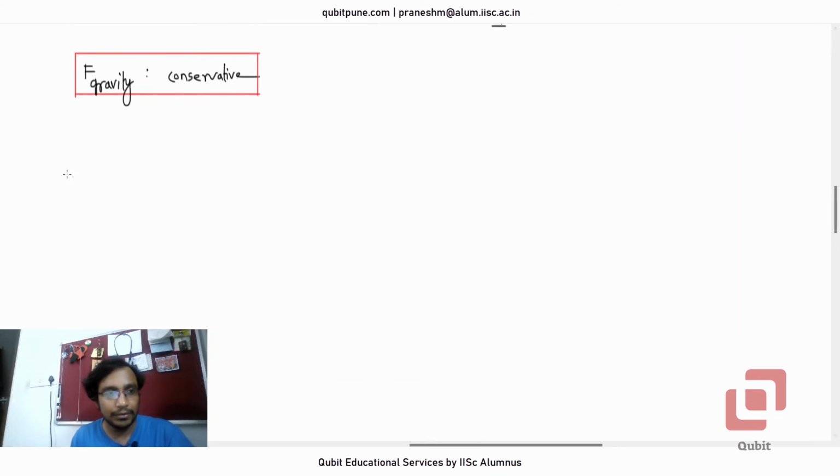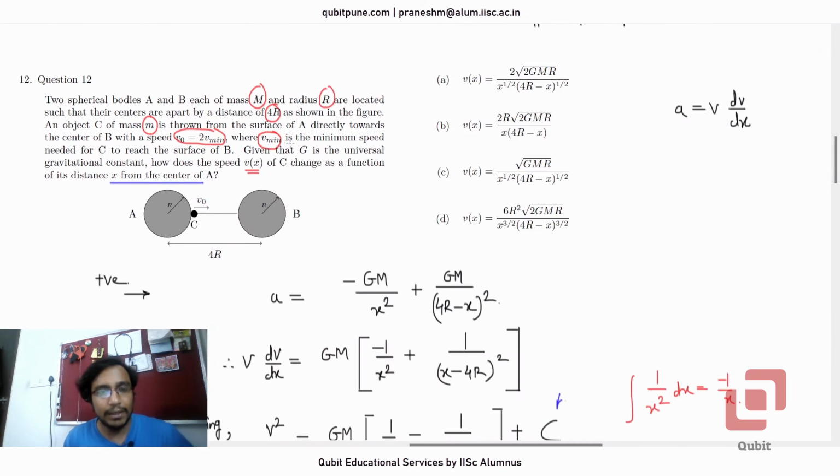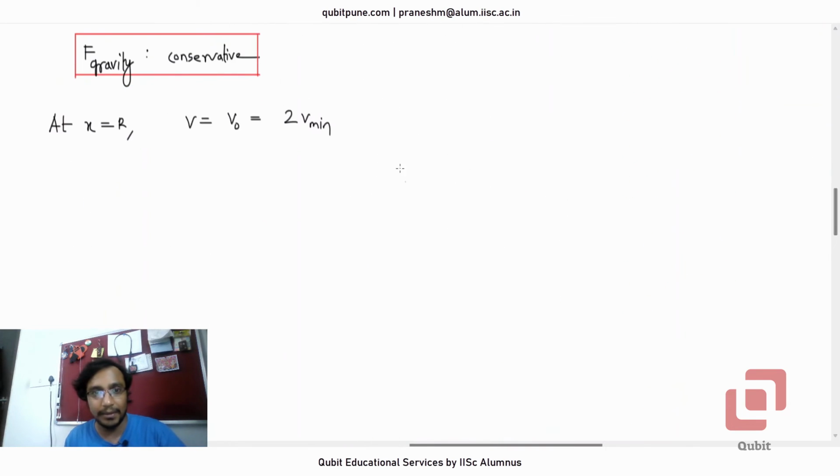So at x equal to r, v is equal to v naught, which is 2 times v min. But what is v min here? v min is the minimum speed needed for C to reach the surface of B. v min is the minimum speed required at x equal to r.